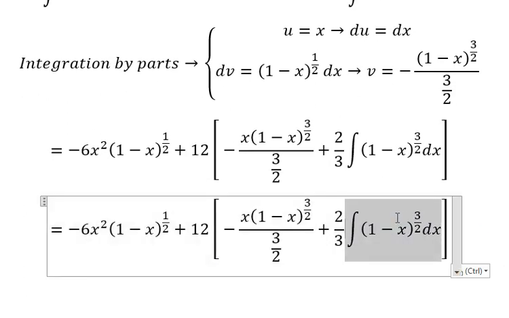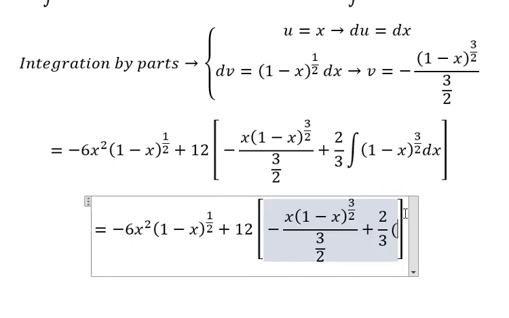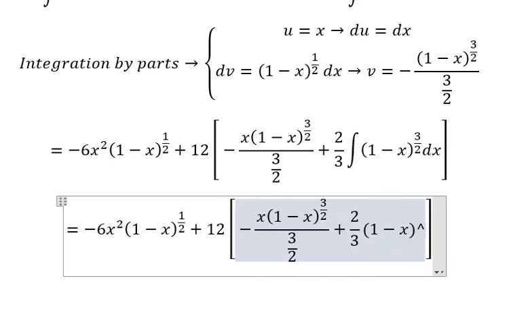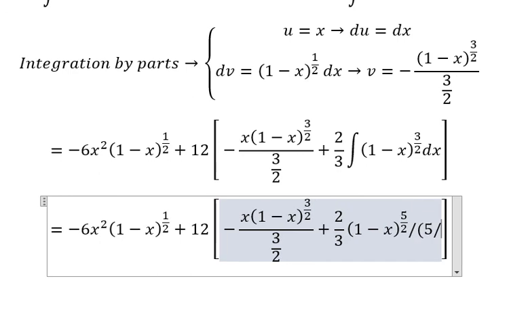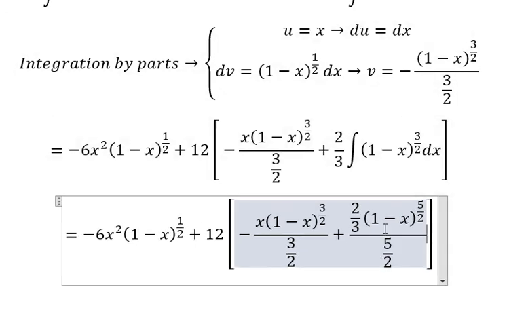So the integration of this one, you will get 1 minus s to the power of 5 over 2 over 5 over 2. And we have the negative of s, so we put it in here. And I will have c, that's the constant in here.